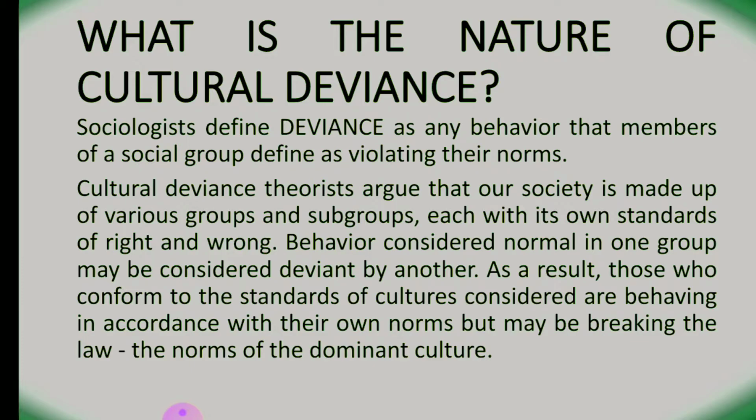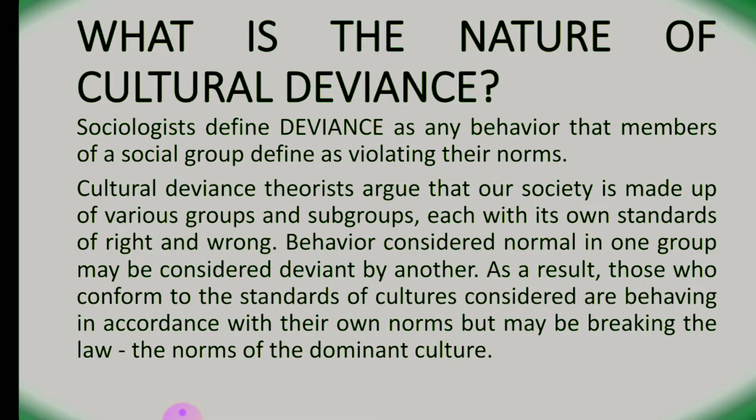What is the nature of cultural deviance? Sociologists define deviance as any behavior that members of a social group define as violating their norms. Cultural deviance theorists argue that our society is made up of various groups and subgroups, each with its own standards of right and wrong.